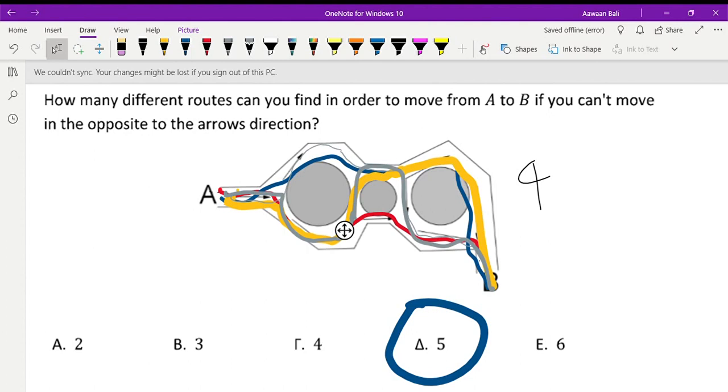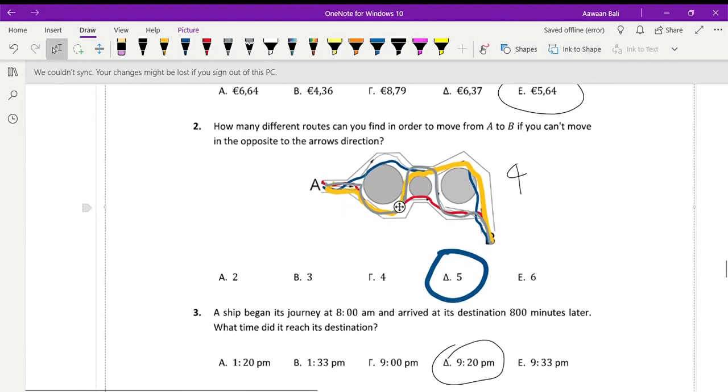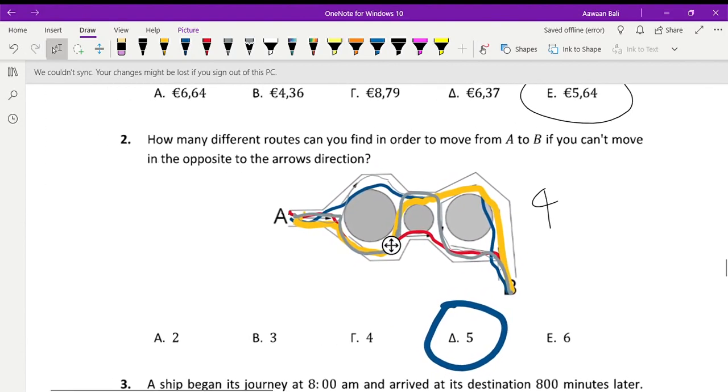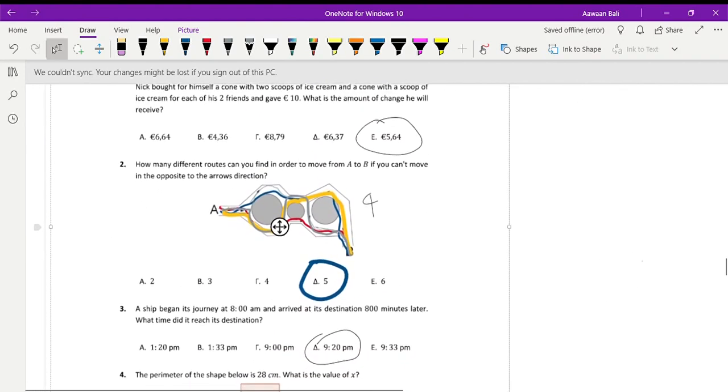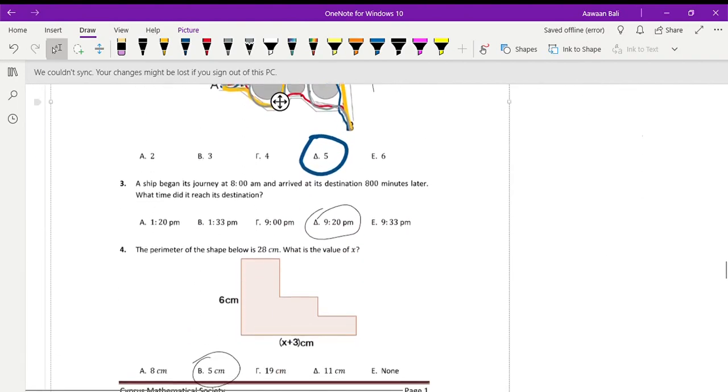There's two normal paths like that. And then there's this 1 path, and then you just merge between the 2 paths basically. You get 2 normal paths, merge between them, and you get 5 different options. So the answer is delta.